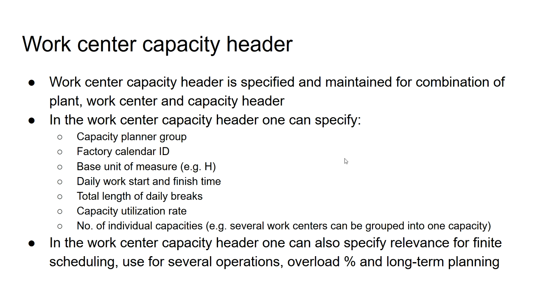For example, there's the German factory calendar, which is documented as a standard calendar type in SAP. In the capacity header, you can also specify the base unit of measure, for example, if you want to display data with the base unit set to 2 hours. You can also specify here the daily work start and finish time, as well as the length of daily breaks.